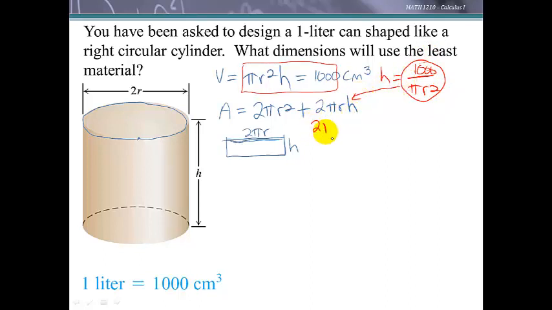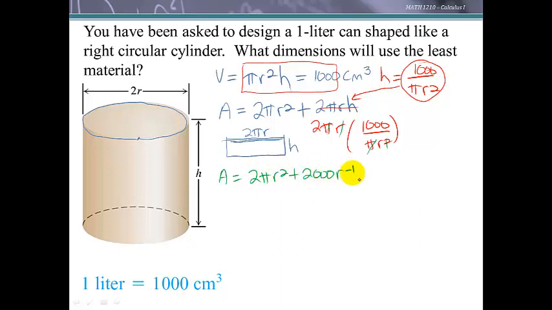I'm going to put it down below, so 2 pi r subbing in 1,000 over pi r squared for the h, and we can simplify this a little bit. Let's cancel the pi's, and one of these r's will cancel with one of these r's. So let's write down our area function we're trying to minimize. It's 2 pi r squared plus 2,000 over r.